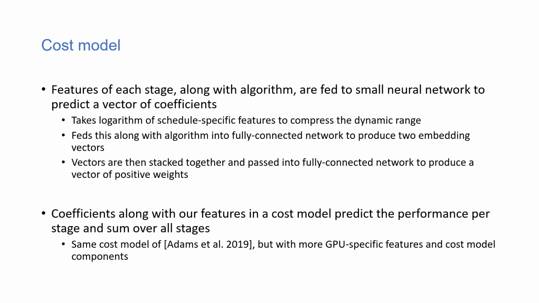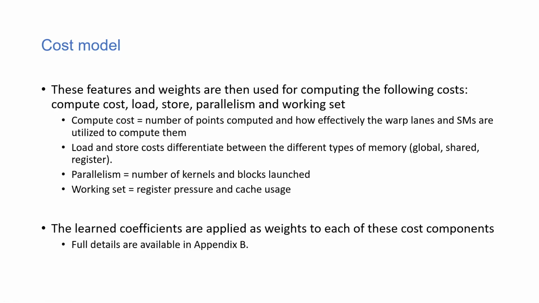Yeah, maybe that's why it doesn't show. Maybe it might be shown in the Adams 2019 paper. And the features and weights are then used for computing the following cost.